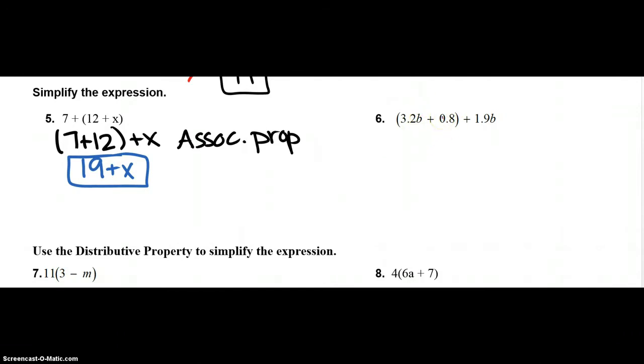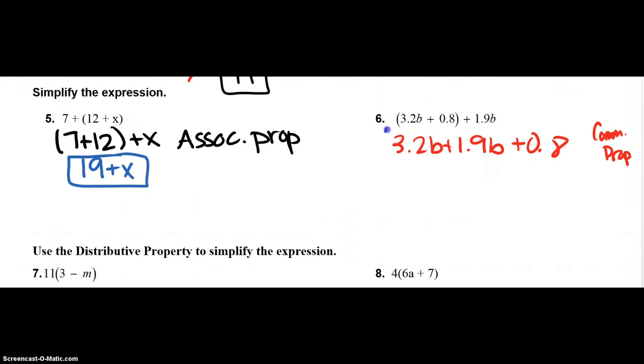So what I'm going to do is flip around my numbers. 3.2b plus 1.9b plus 0.8. So I used the commutative property there, and that's when I move the order of numbers.